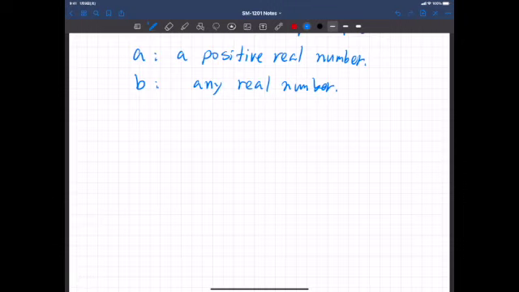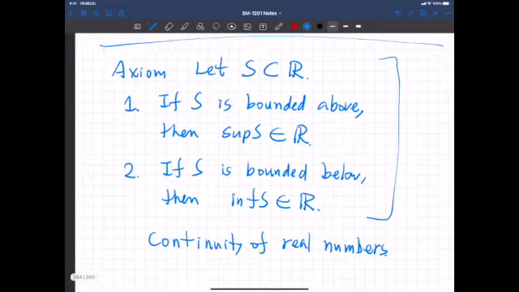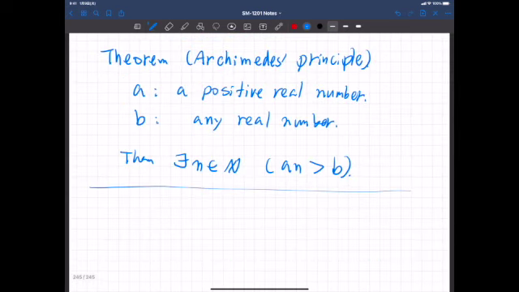Then there exists a natural number n such that an is greater than b. So this was Archimedes' principle. Now, based on this axiom of continuity, we can prove this.